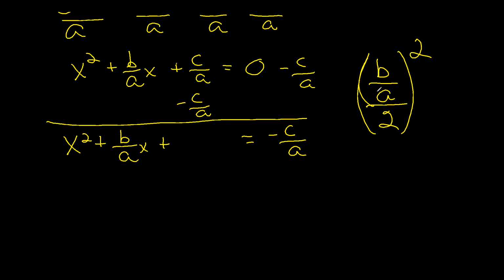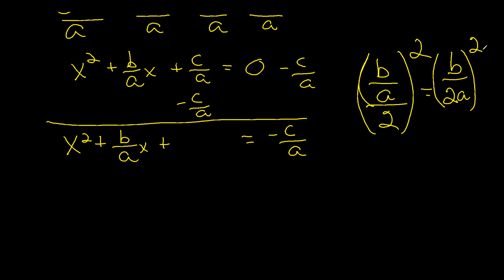Okay, I could do what's inside here. B over a divided by 2, this is going to equal b over 2a. And then I'm going to square that. B divided by a divided by 2 equals b divided by 2a, or just multiply the 2 times the a. All right, then I've got it squared.